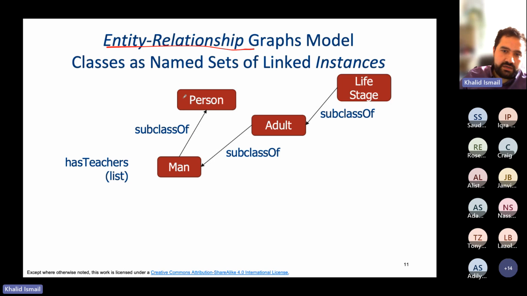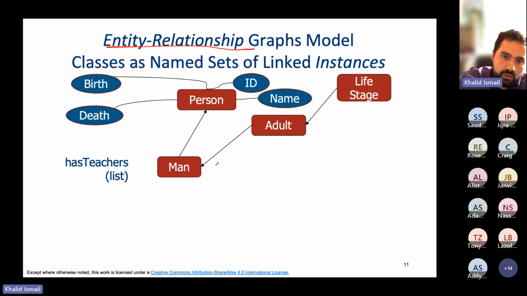So the person, the adult, the man, the life stage, we call them classes, or sometimes entity sets. So these are entity sets, and the properties are normally shown as ovals, like this one here.